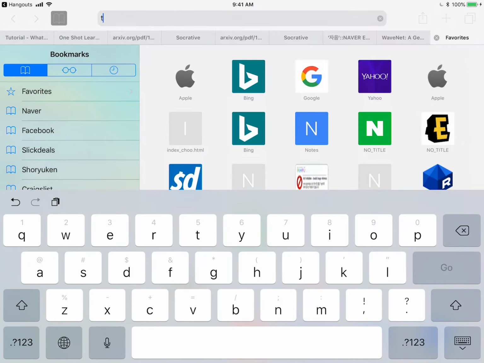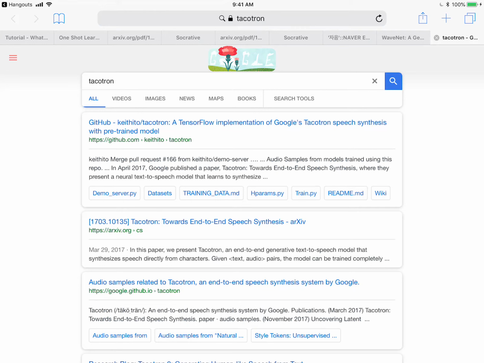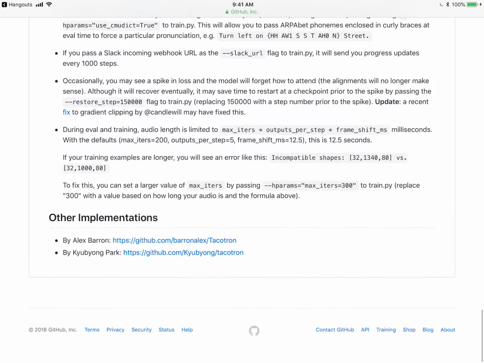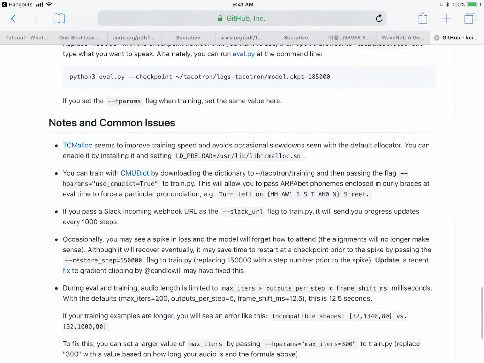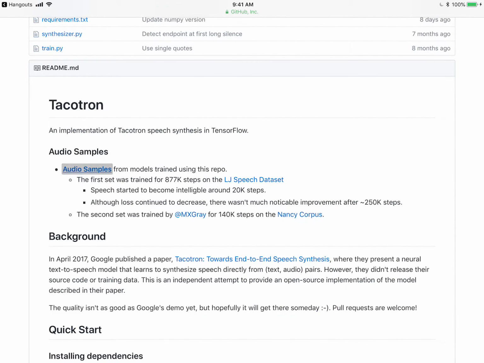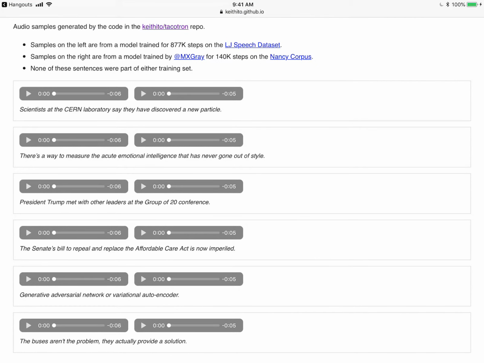And then also, if you may know, there is another paper for speech synthesis called Tacotron, and it has this GitHub website with many interesting examples of synthesized speech.